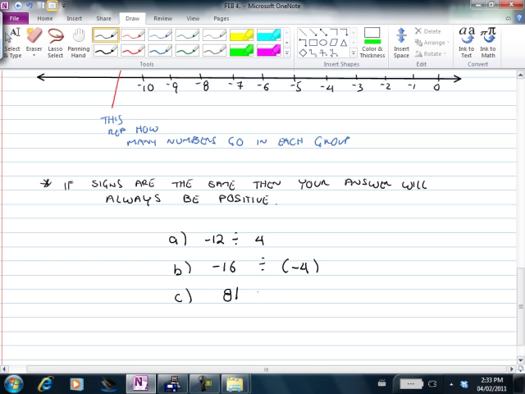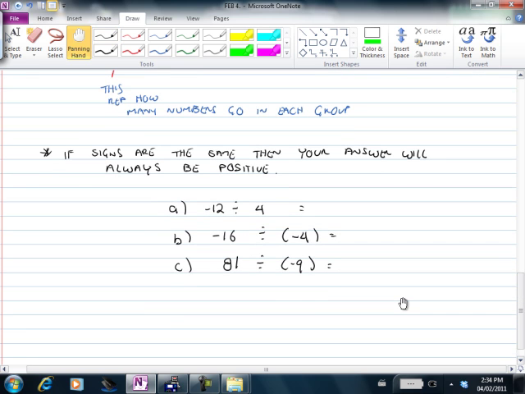C: 81 divided by -9. Just solve it. No number line, just solve it. So, in a minute, Manat, I'm going to ask you to answer A. And then have a person in mind. You're going to choose after you answer A. But don't tell them yet.